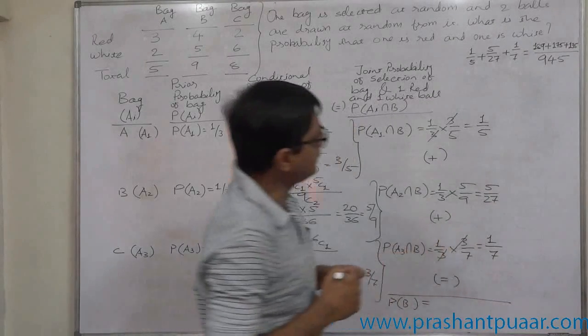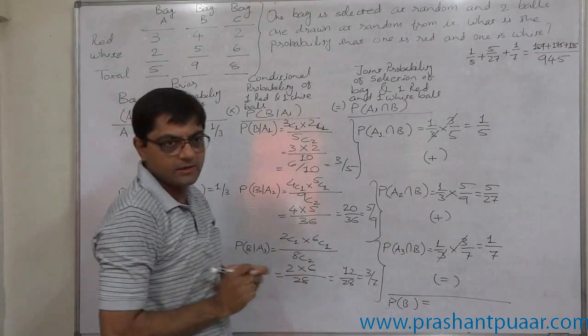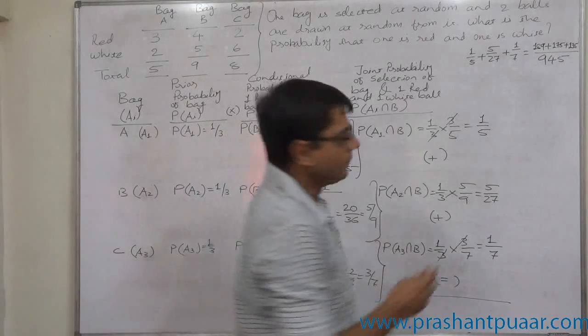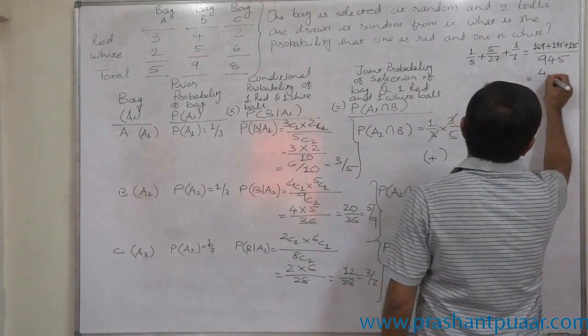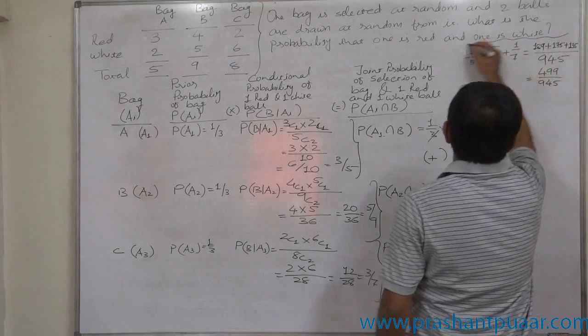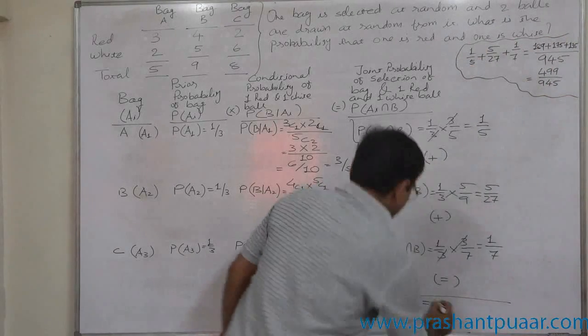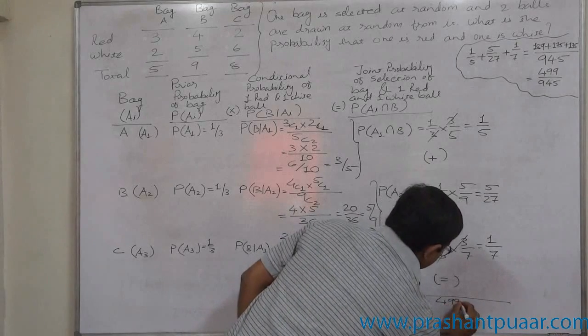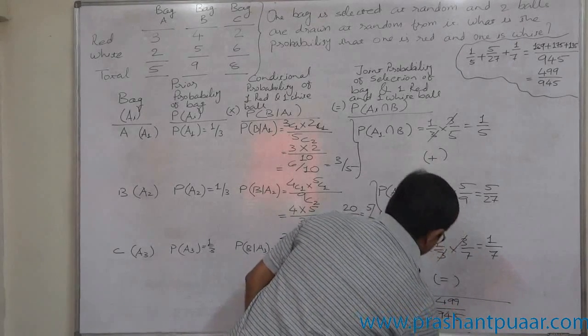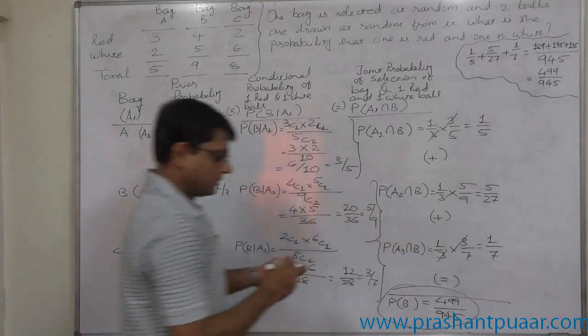The summation of 175 and 135 comes to 310, plus 189 is 499, divided by 945. This was our working. 499 divided by 945. Yes, this is our final answer.